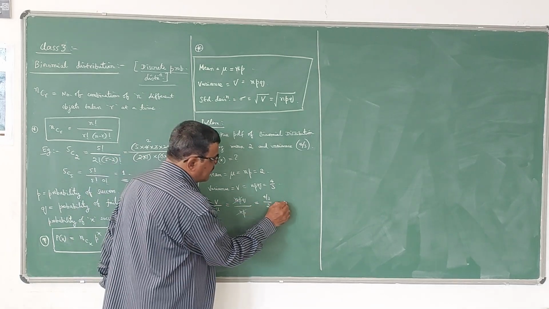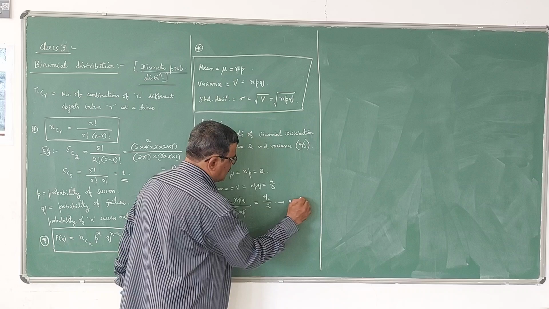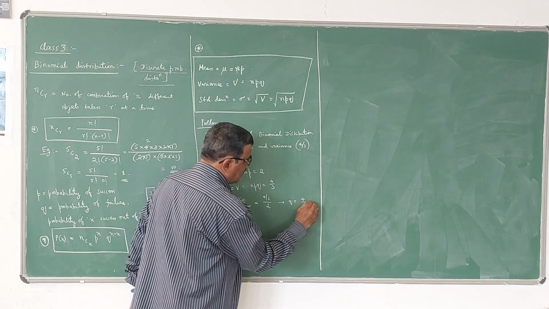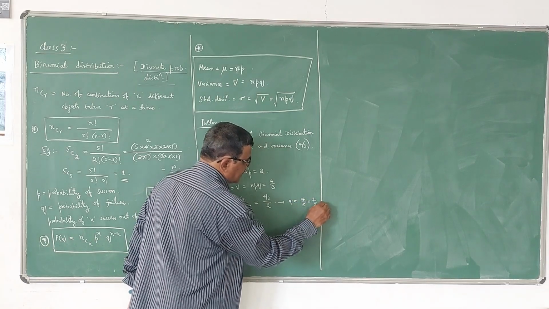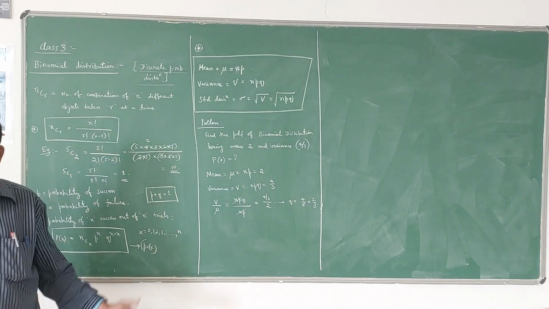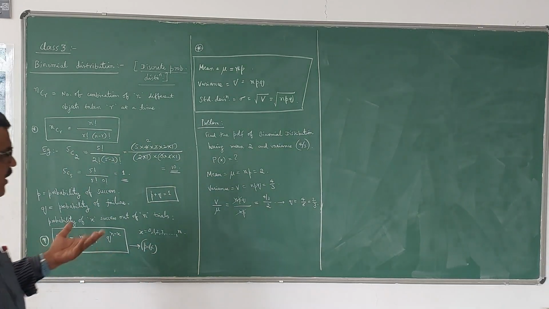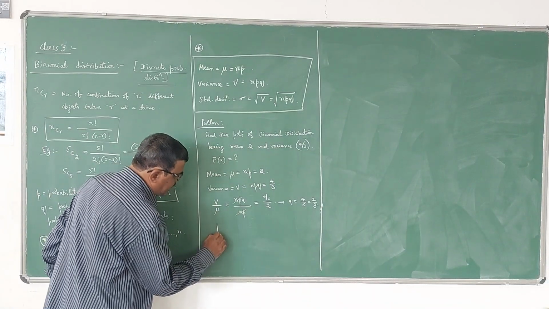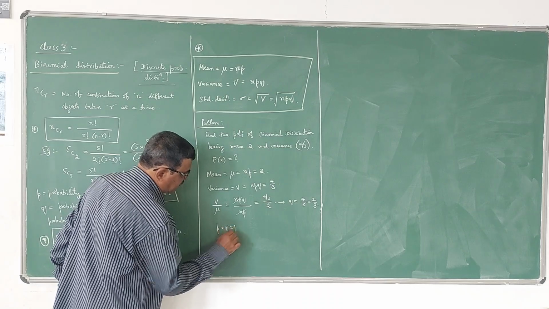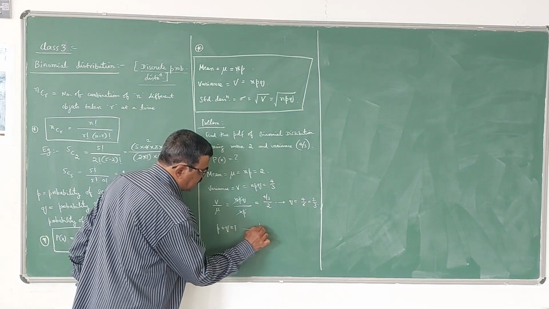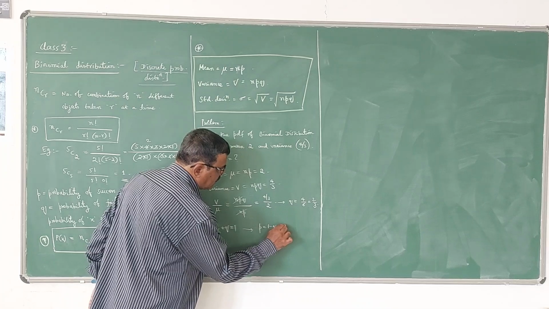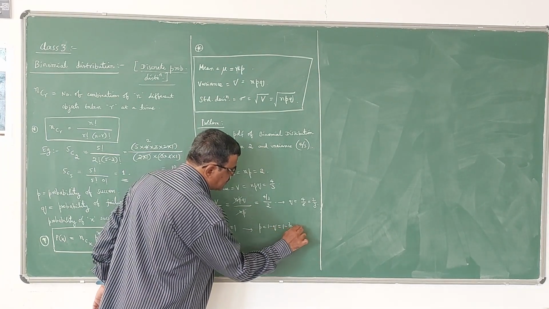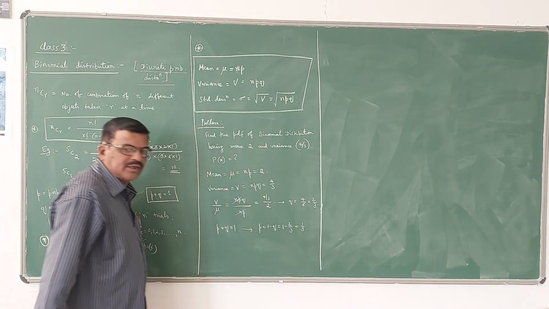If you simplify this, you will get q is equal to 4 by 6, or simply 2 by 3. Once you get the q value, you know that p plus q is equal to 1. Therefore p will be 1 minus q, 1 minus 2 by 3, which is 1 by 3.